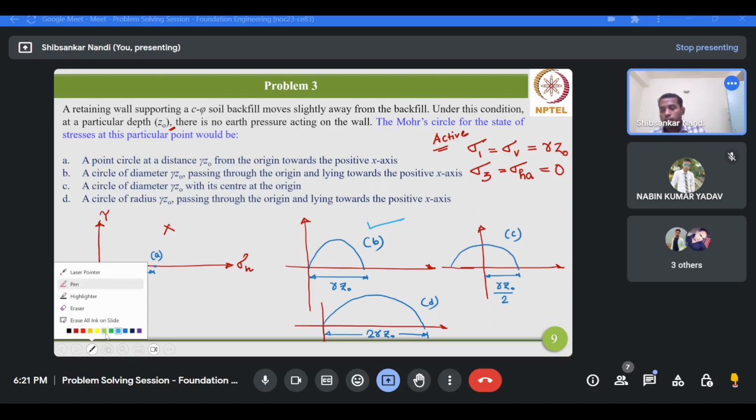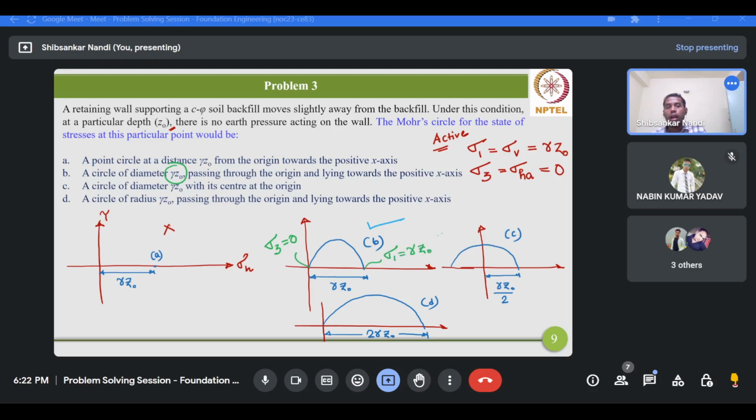Because the circle is passing through the origin. That means sigma 3 value is 0. And the diameter of the Mohr circle is gamma Z0, which represents that sigma 1 value is gamma Z0. This is the condition given to you: sigma 1 is gamma Z0 and sigma 3 is 0. Therefore this Mohr circle represents the given state of stress correctly.